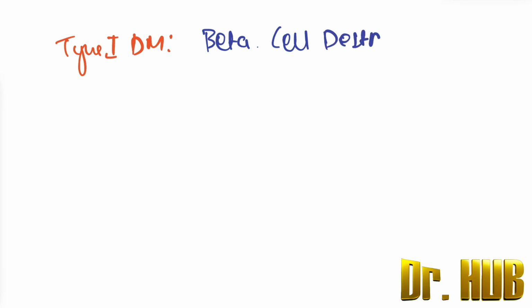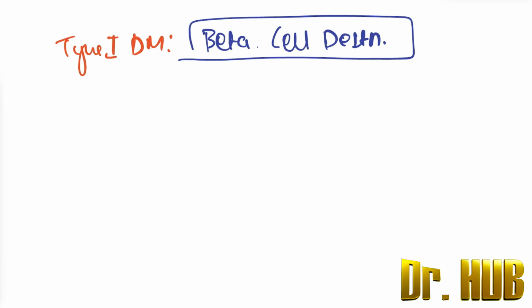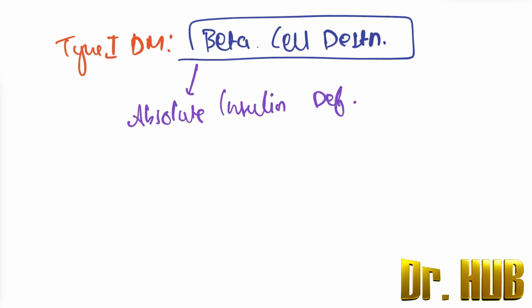Because of the beta cell destruction, it is usually leading to an absolute insulin deficiency, and it can be immune mediated or it can be idiopathic.